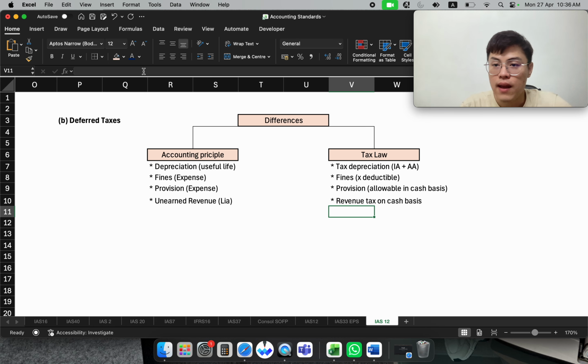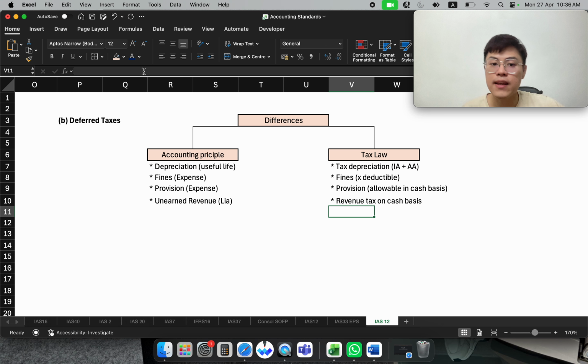So meaning to say, I don't care that this is unearned revenue for you. In tax law, if the revenue is taxed on a cash basis, you will actually need to pay tax at the time you receive the money. But in accounting, you are going to delay recognizing the revenue. So again, the tax law treatment and the accounting principle treatment are different.